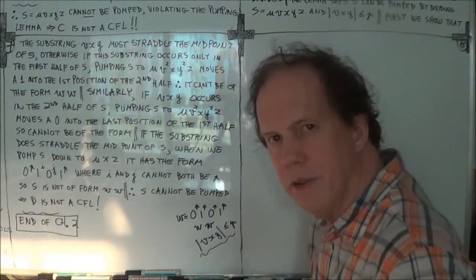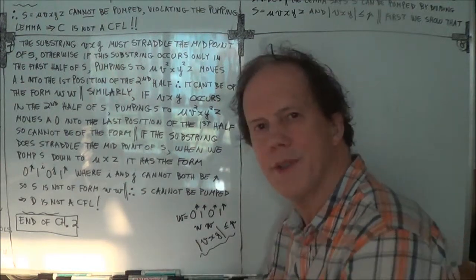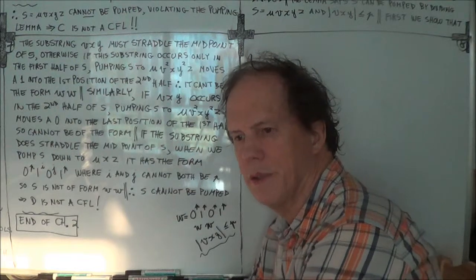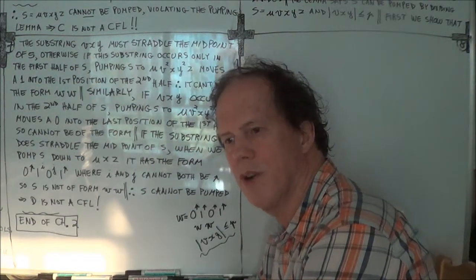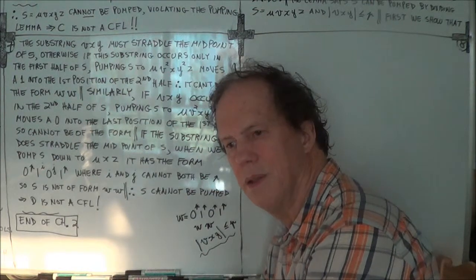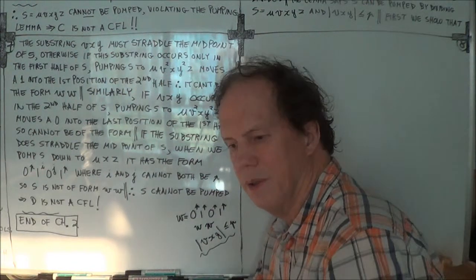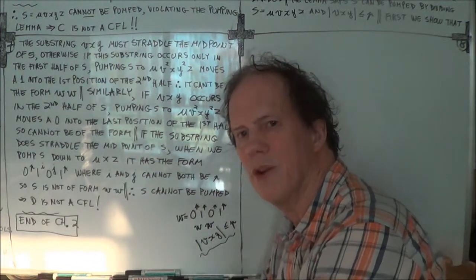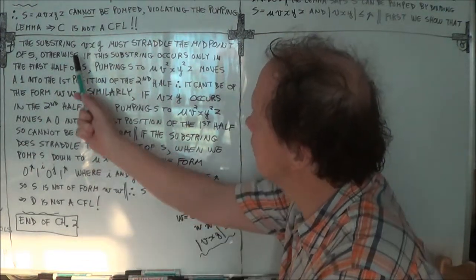straddles. Now, if you're not a native English speaker, what does straddle mean? Well, the usual meaning is in the context of horse riding. If you straddle a horse, you have one leg on one side and the other leg on the other side. So in this context, to straddle means to overlap.